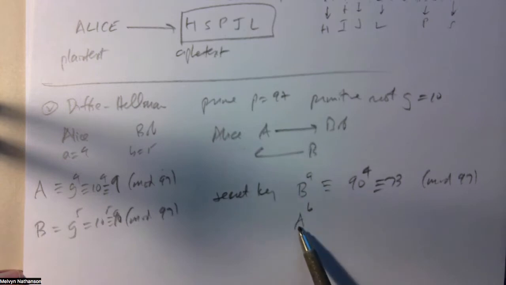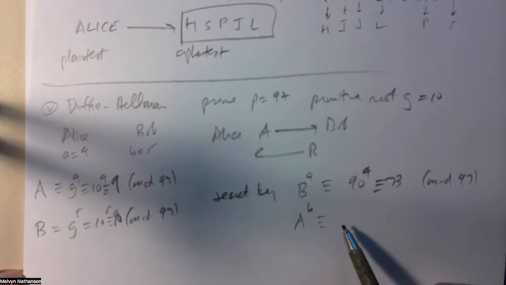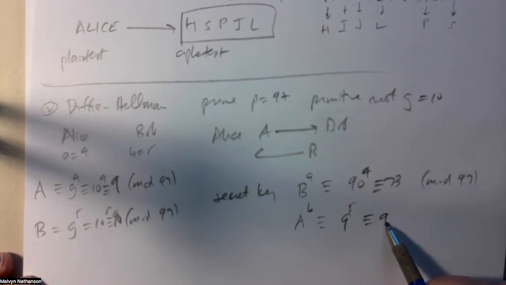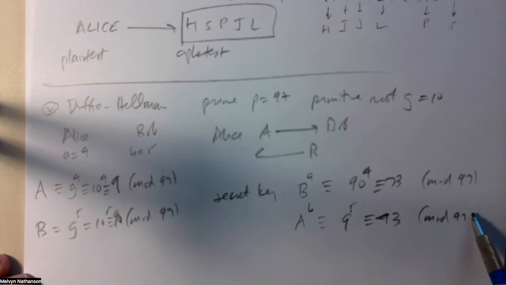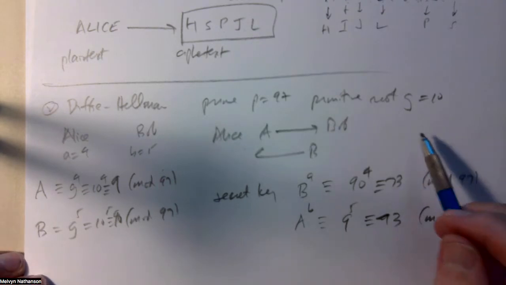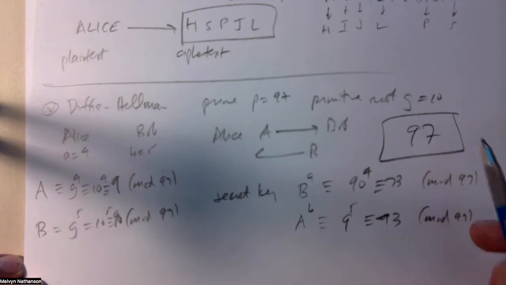He takes Alice's public number, capital A, raises it to his secret number, 5. So we're calculating 9 to the 5th, mod 97. And this is also 73. So the answer to this problem is 73.